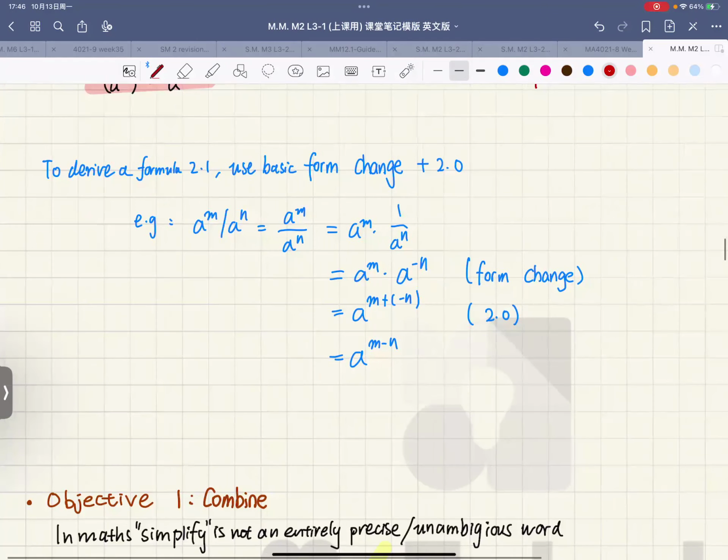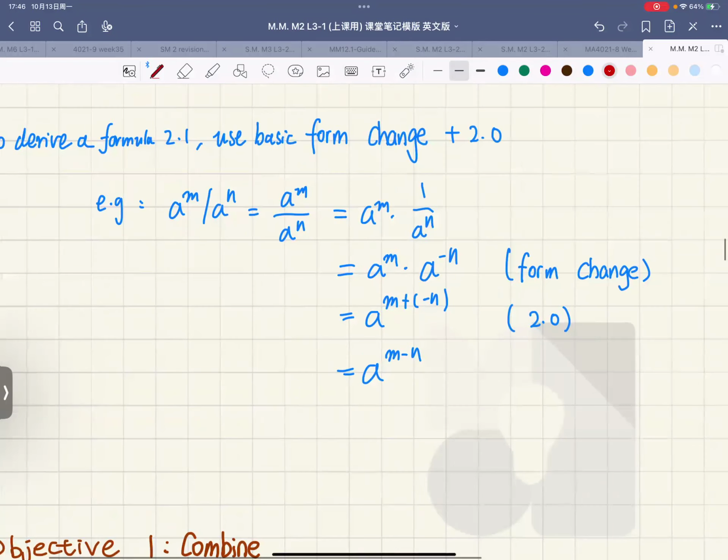I think I'm gonna skip this. This basically shows you how to derive the formula. a to the power of m over a to the power of n is equal to a to the power of m times 1 over a to the power of n. Basically, we use the formula we learned before to derive this. 1 over a to the power of n is equal to a to the power of negative n.